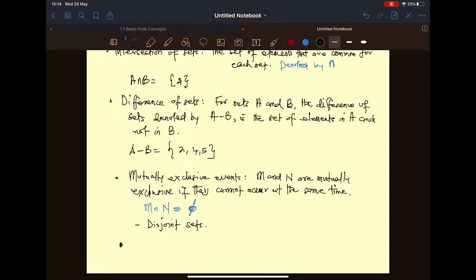Okay, then the last thing, which would be very relevant to probability theory, is to know what the complement of a set is.